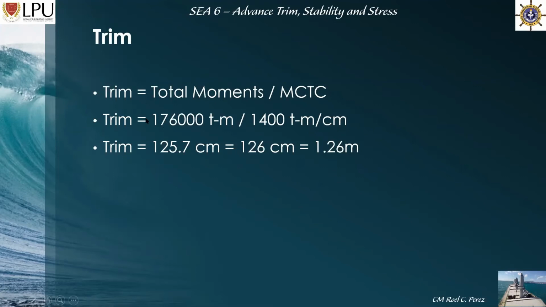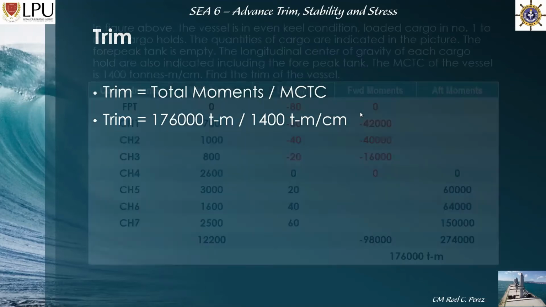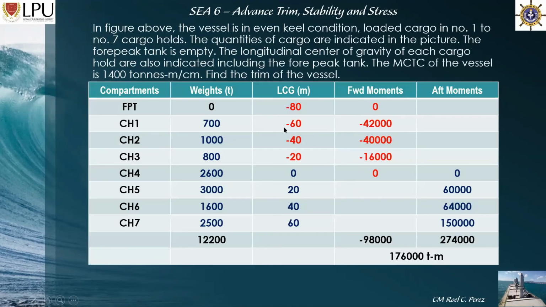Divide by the MCTC, then you will get a negative trim. So a negative result is understood as trim by the head. Do you understand that, Patrick? Yes, sir. That is the advantage of using this technique.